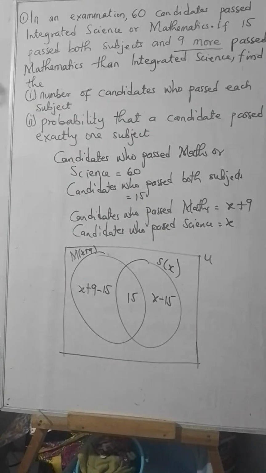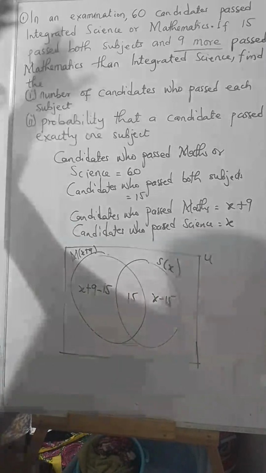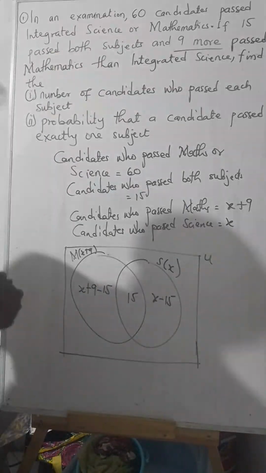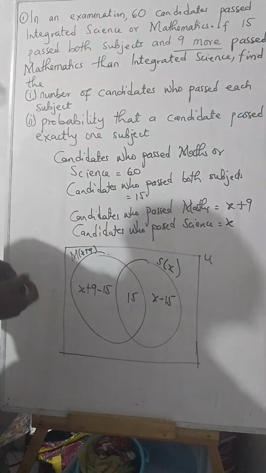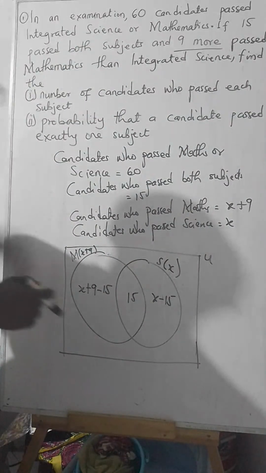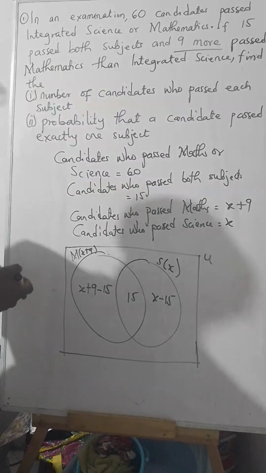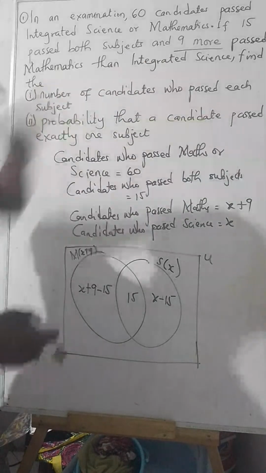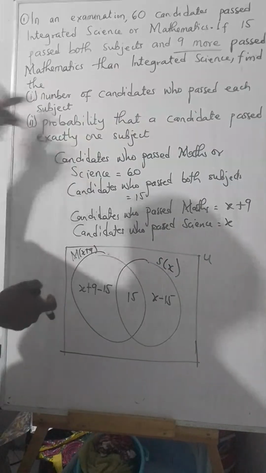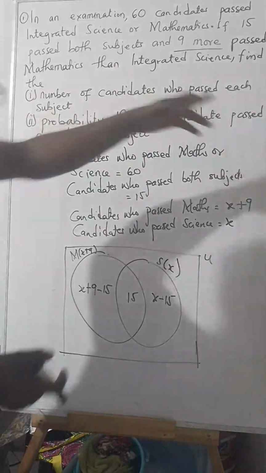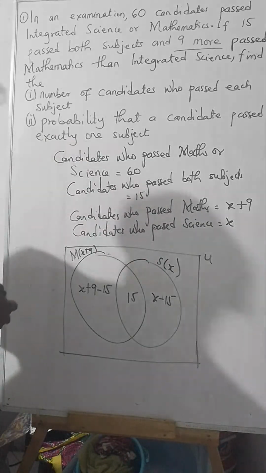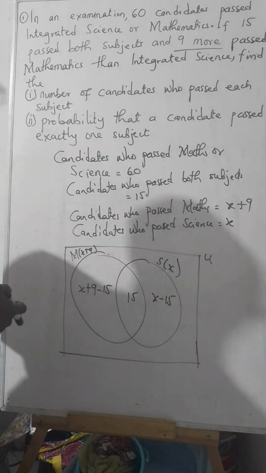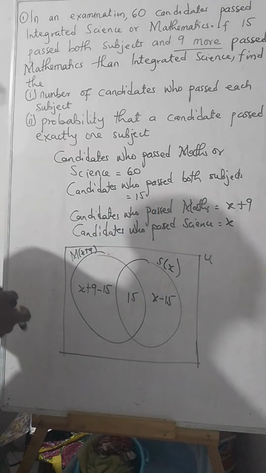So we have this one in the examination. 60 candidates pass integrated science or maths, 15 pass both subjects, and 9 more passed mathematics than integrated science. Find the number of candidates who pass each subject, then the probability that a candidate passed exactly one of the subjects.